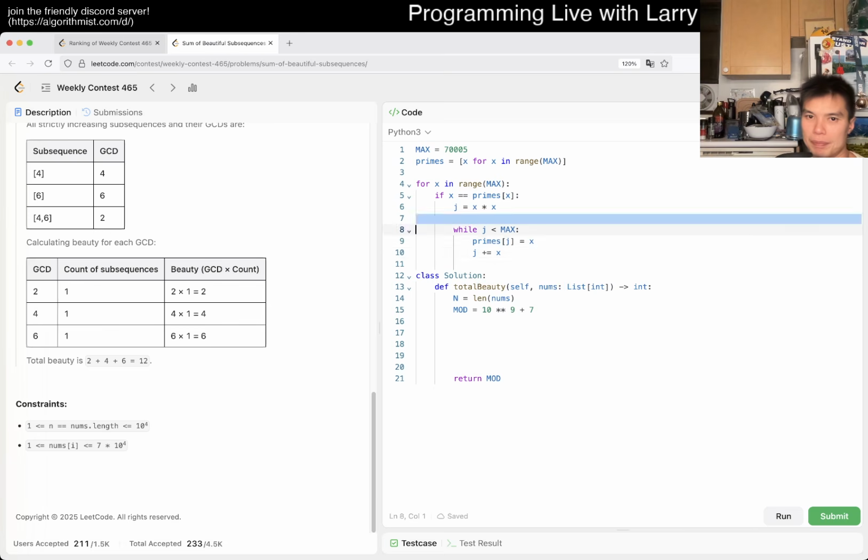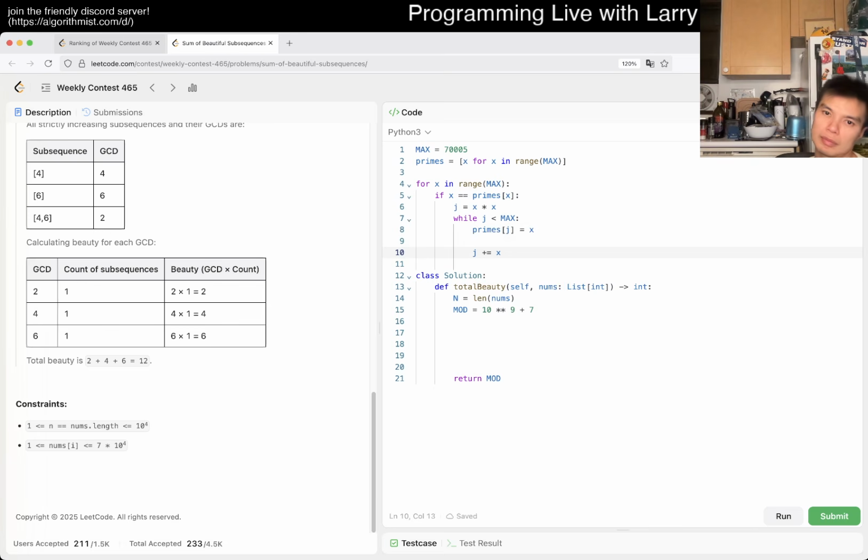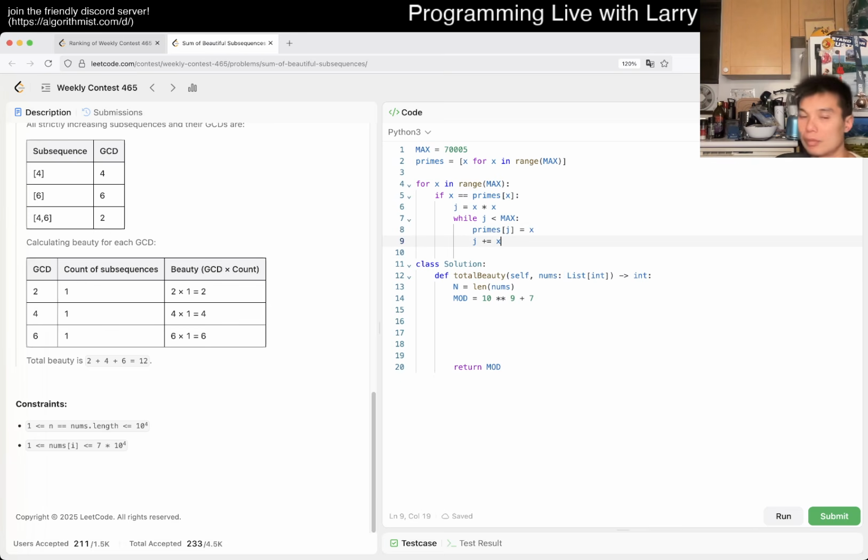Something like this, right? Okay, just part of the GCD.